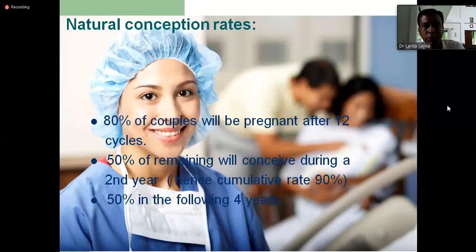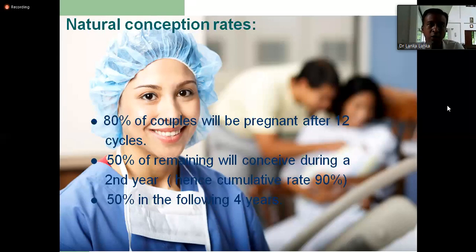But who is happy to wait for 4 years, or even 2 years? No, because there is a social stigma, and it stresses the family, the couple, and them personally. Sometimes newly married couples come for treatment if they don't get pregnant in 3 months. Should we start treating them? No, because treatment is also an intervention, and any intervention can have problems.